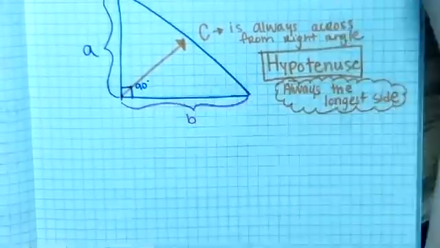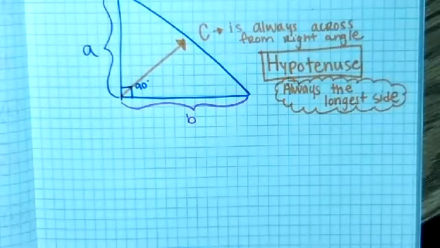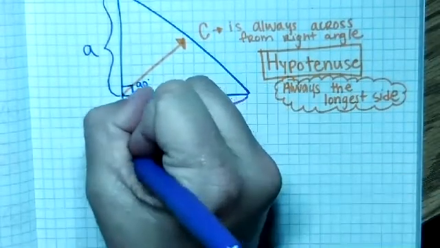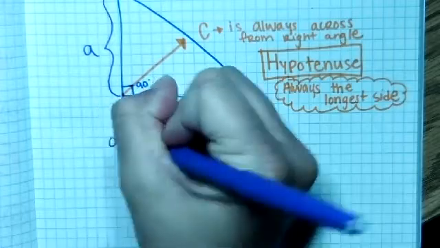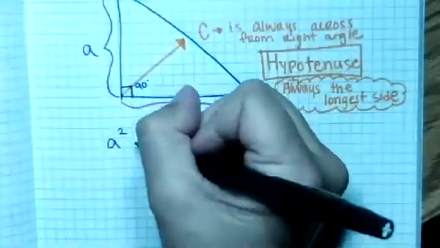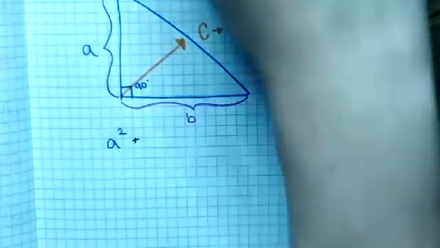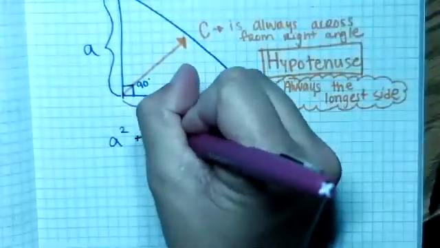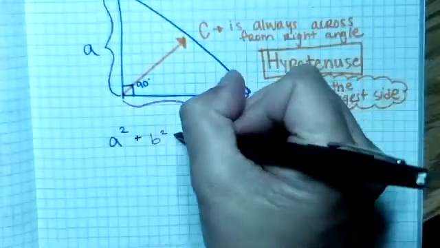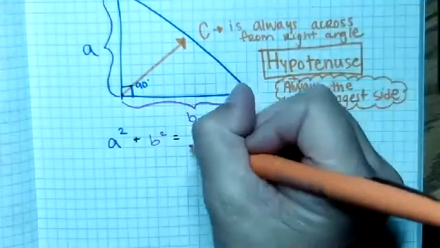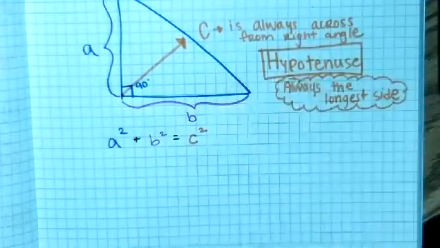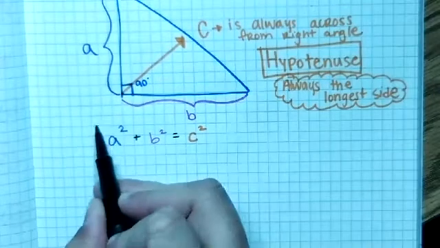What Pythagorean theorem is, it is an equation, and it's going to be A squared plus B squared equals C squared. And this right here is super, super, super important.